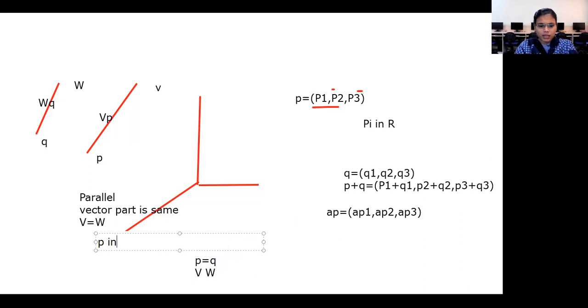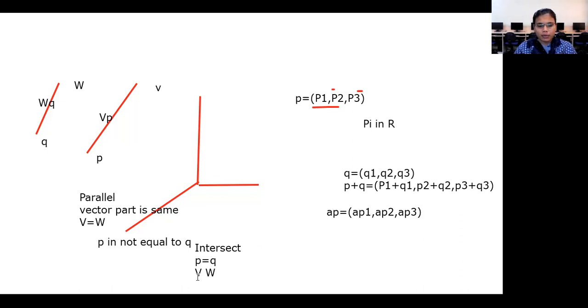P is not equal to Q. And here V and W are the same, that is, the direction is the same. If V and W are not the same, and their points of application are the same, that is intersecting. So what are parallel vectors? Their direction vector is the same and the points of application are different.